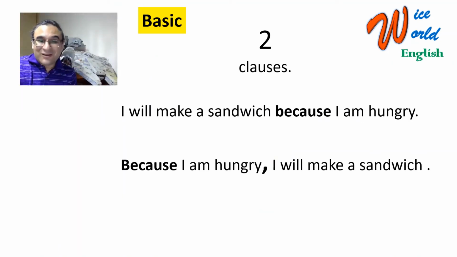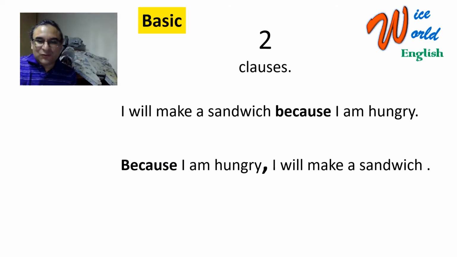Now, look at the sentences. Something interesting is that you will notice that the two sentences are a little different, right? The meaning is equal, they are the same, but you will see that I changed the order. I changed the order of the clauses, right? In the first one, I start with I will make a sandwich because I am hungry. But in the other one, I say because I am hungry, I will make a sandwich, right?